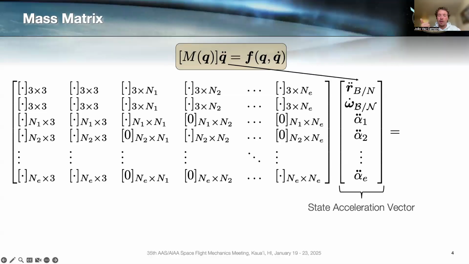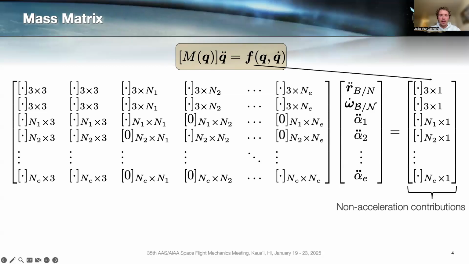So we have alpha 1 double dot up to alpha E double dot. And on the right side, we have the non-acceleration contributions. And what I mean by this is these are all the terms that do not explicitly depend on the state accelerations. They're still going to be force or torque-like terms, but they don't depend explicitly on r double dot bn, omega dot bn, or any of the alpha double dots.